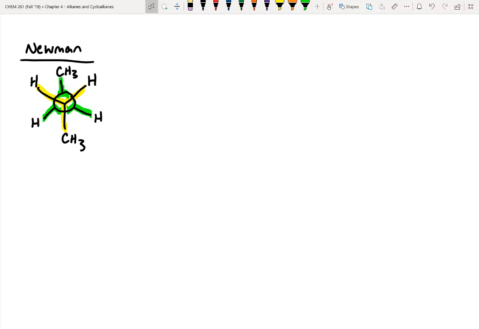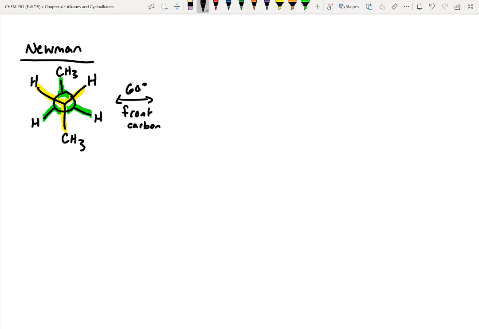We get to decide, do we want to move the front carbon or back carbon? Sure, let's move the front carbon. We'll do a 60-degree rotation of the front carbon.